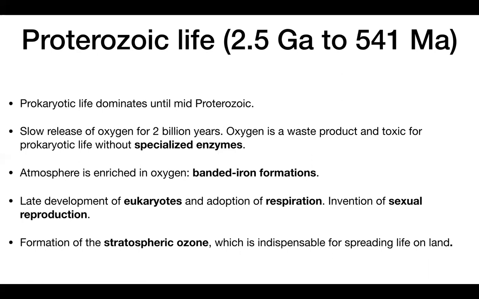With eukaryotes came two major innovations: the invention of respiration as a more efficient metabolic process, and the development of sexual reproduction, which enhanced genetic recombination and accelerated subsequent evolution.